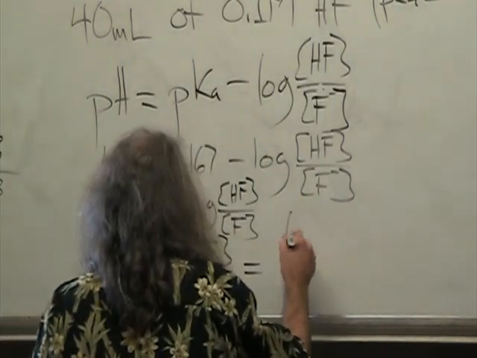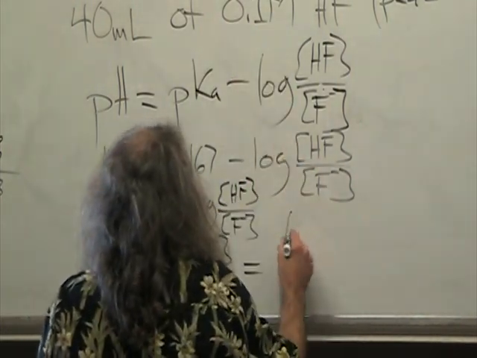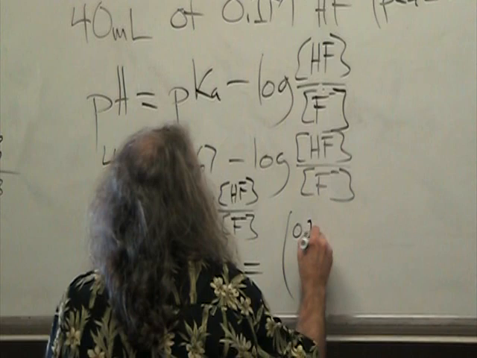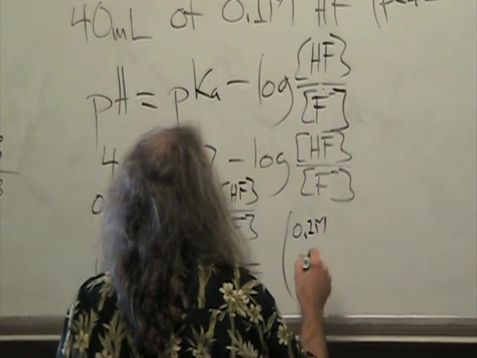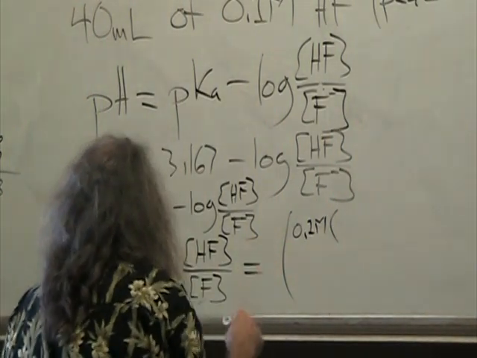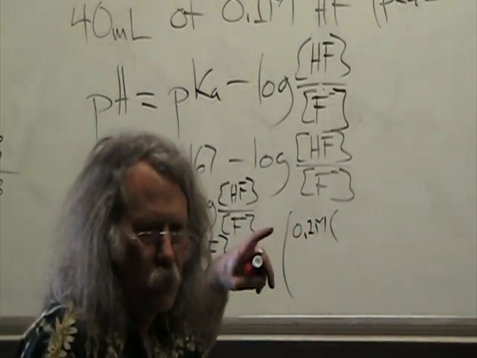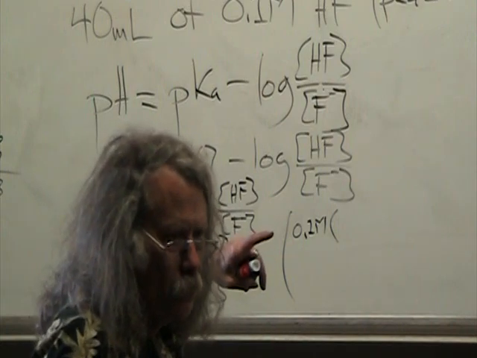What was the molarity? The molarity is going to drop out. 0.1 molar times the initial volume of the material, 0.040 liters, 40 milliliters.